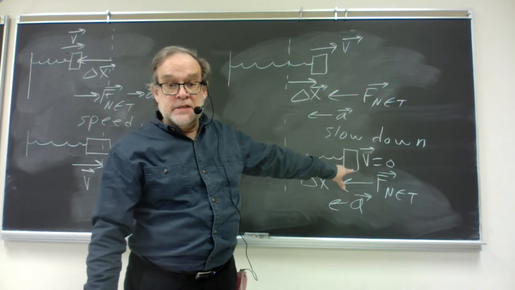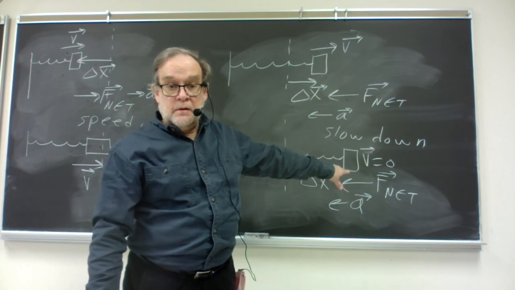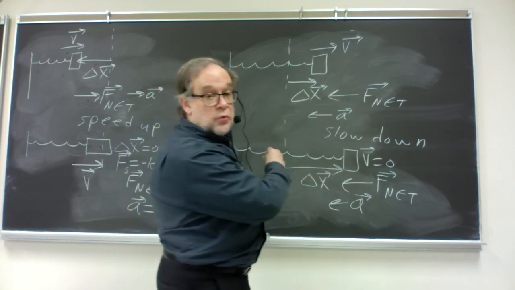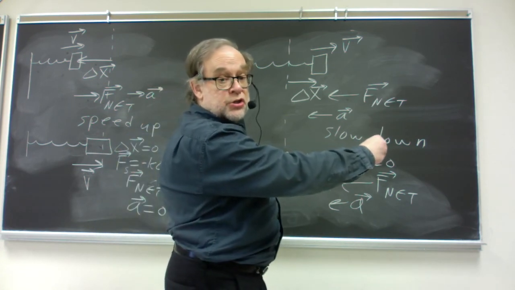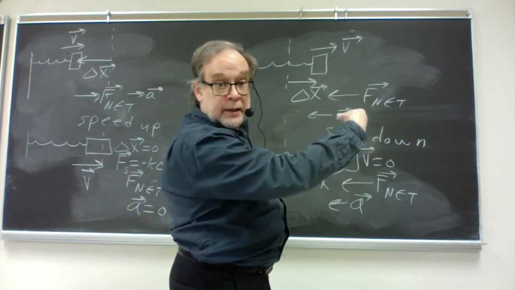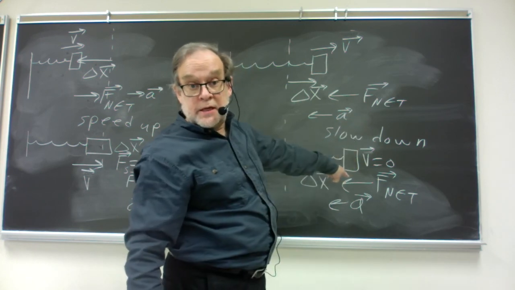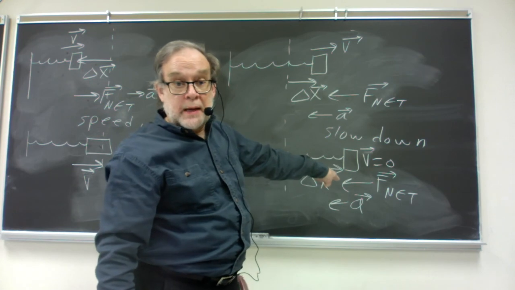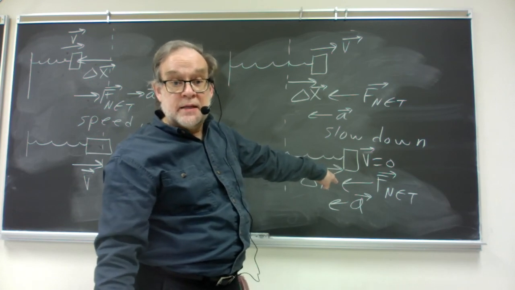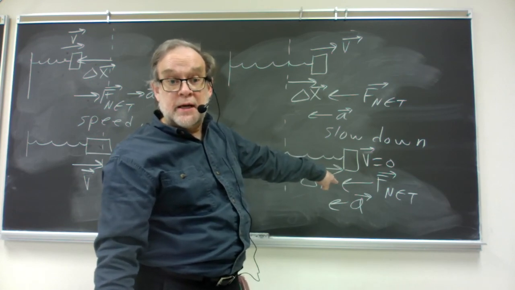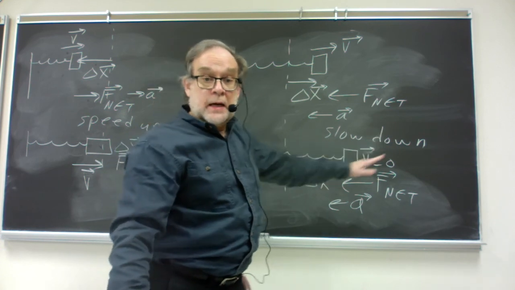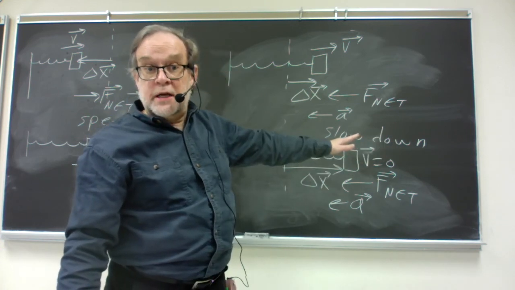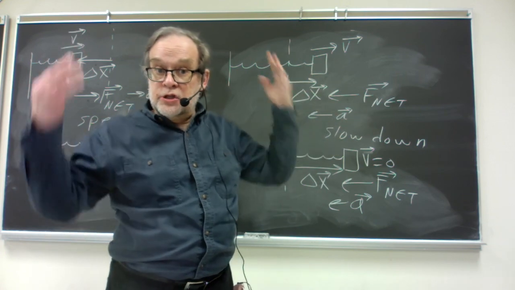This is the same state that we saw at the very beginning of this process, right after we had pulled the mass to the right and then let go. This is exactly the state that we had back then. So now, right here, the mass is in exactly the same state that it had before, and now it's going to cycle through all of the same situations that I just described here.